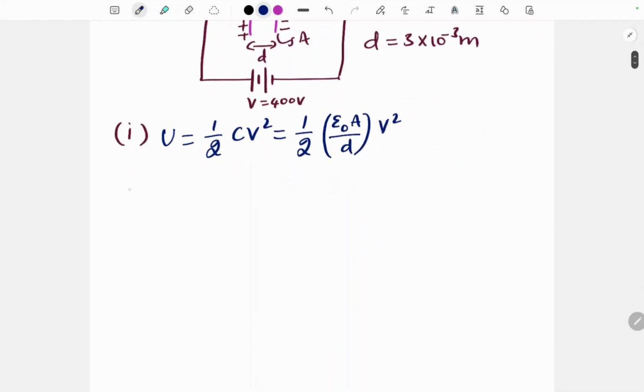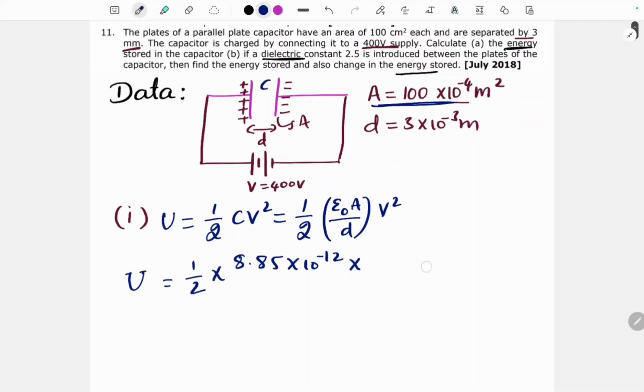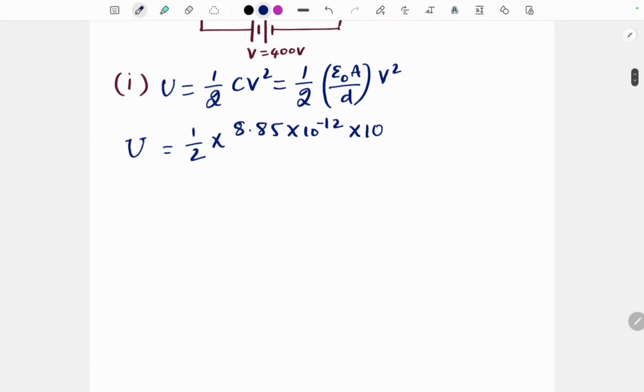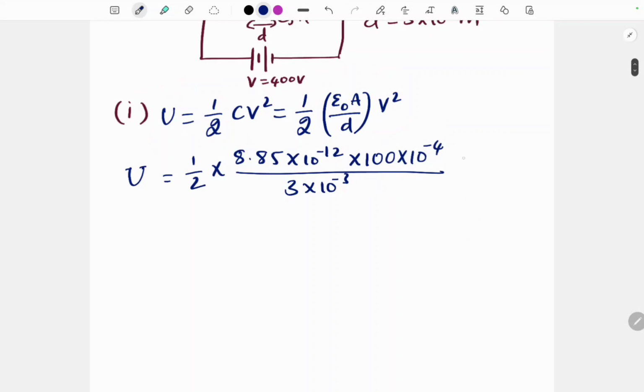Now let me substitute the data. U is equal to half into epsilon naught, 8.85 into 10 to the power minus 12, into the area of the plate, 100 into 10 to the power minus 4 meter square, divided by small d value 3 into 10 to the power minus 3, into V square, 400 square.